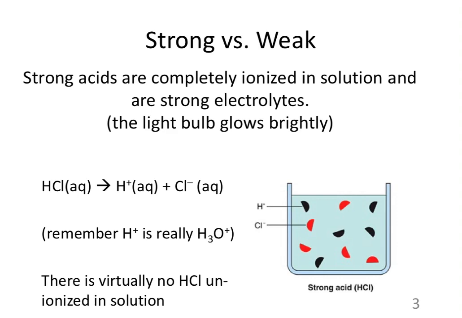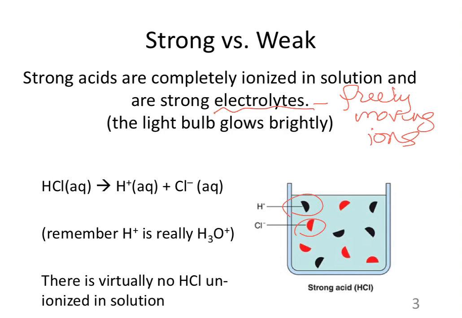All right, so just a brief vocabulary. Electrolyte is any solution that conducts electricity, and what you need to conduct electricity are freely moving ions. How do you get freely moving ions in solution? Well, anything that dissociates to give you the individual ions would be a good electrolyte. And so a strong acid, that is one that dissociates completely into ions, would be a strong electrolyte.